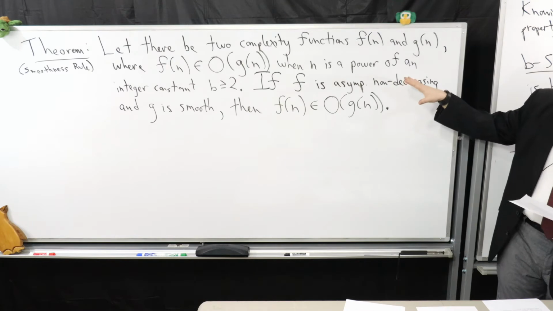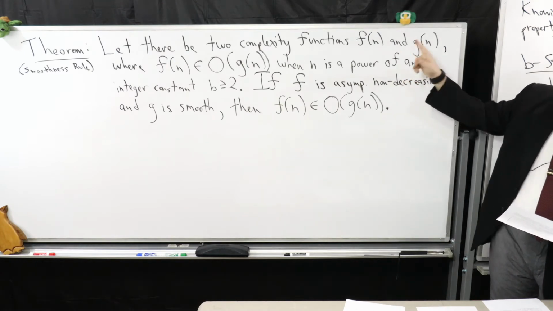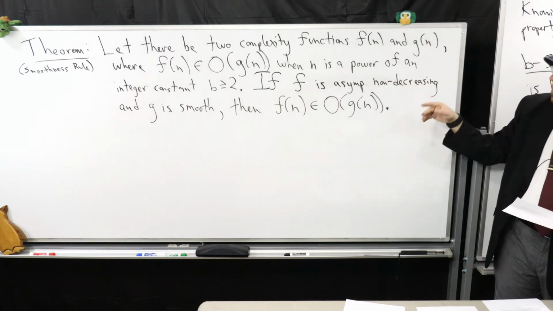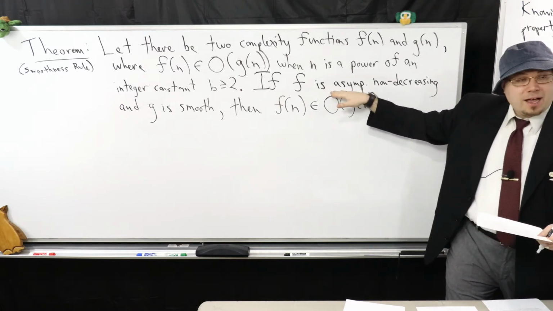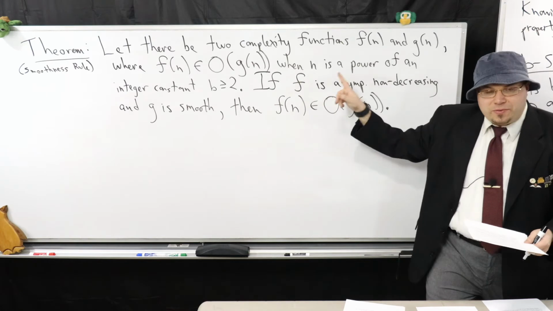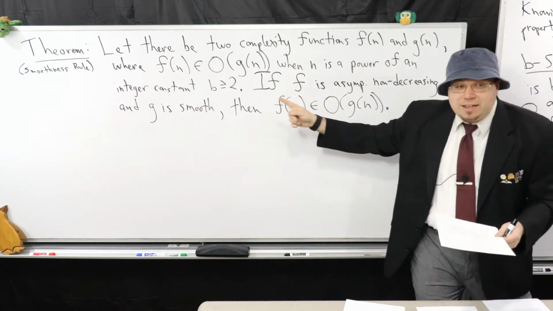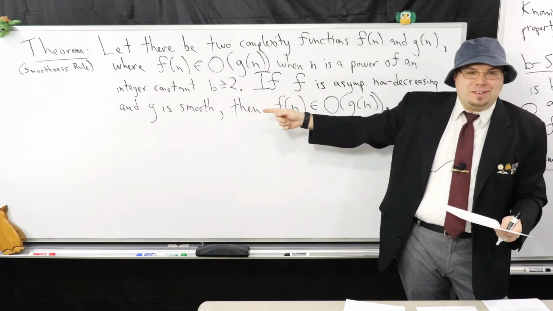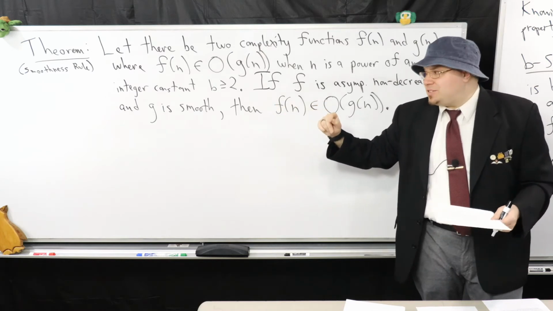So let me dissect the smoothness rule here for you. I have two complexity functions, f and g. f just needs to be asymptotically non-decreasing, as long as g is smooth. If you know these two facts, remember g is already asymptotically non-decreasing because that's part of the definition of being smooth.